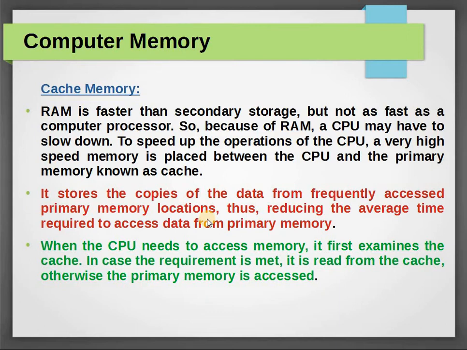It stores the copy of that data in cache memory, thus reducing the average time required to access the data from the primary memory. When the CPU needs to access memory, it first examines the cache memory. In case the requirement is met, it is read from the cache. Otherwise, the primary memory is accessed.